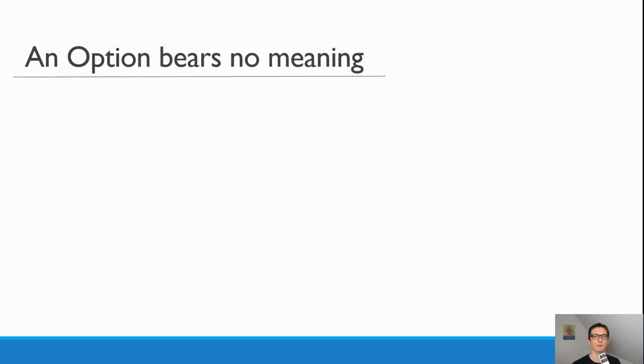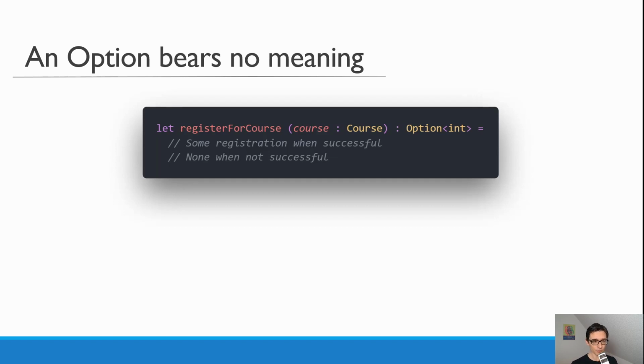The first problem is that an option actually bears no meaning. What do I mean by this? Let's imagine that we have a function that says register for a course. I'm a user and I want to register for some course. So I have a parameter for this function, which is some kind of course, and this function returns an option of an int.